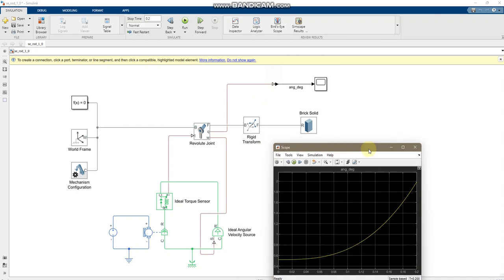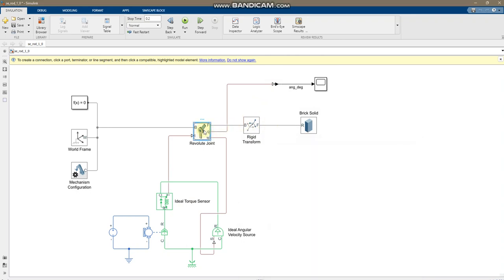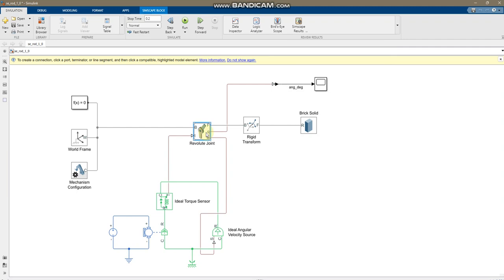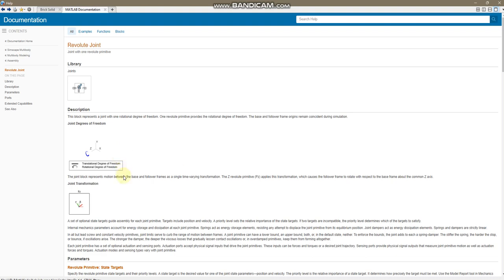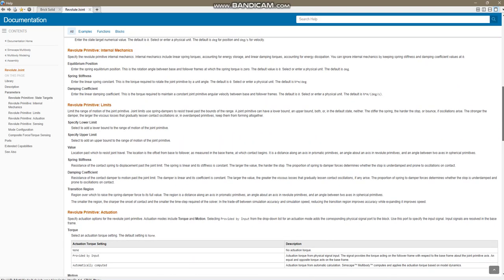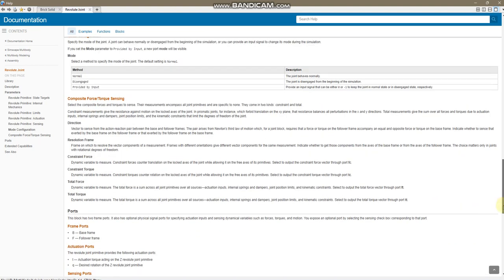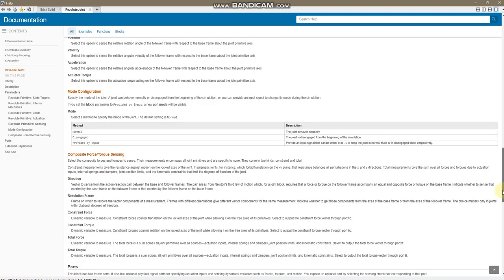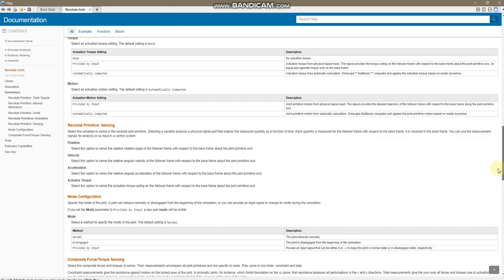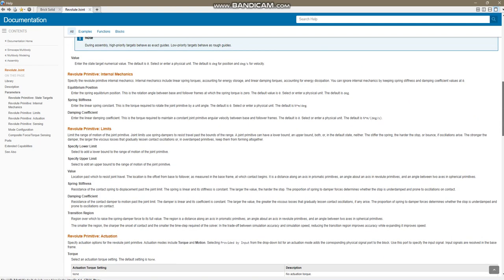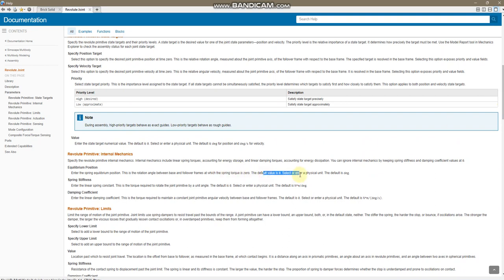Angles are right. Can't remember once again whether the revolute joint outputs the angles in degrees or radians. I need to check that and see whether I need a radians to degrees converter. Right.